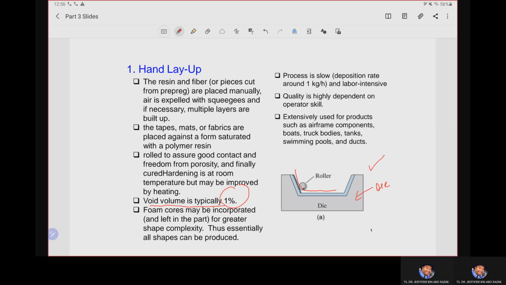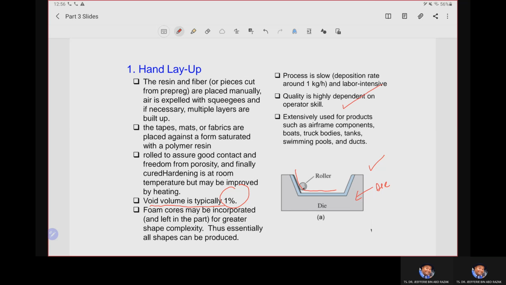So if you want a hollow shape, make sure that our pattern is supplied in the shape of a foam core. Thus, basically, this method can produce all shapes of product that we want. The drawback of this process is that it is quite slow as it is performed manually, and the quality of the end product basically depends on the operator or labor skill.